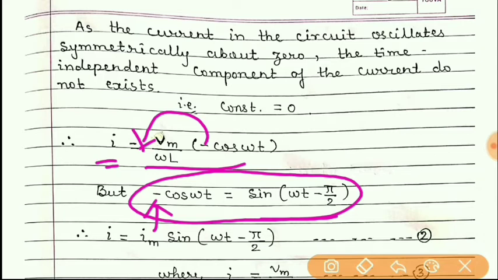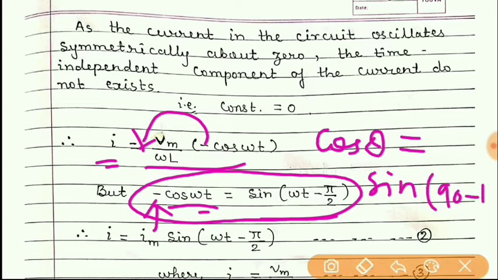According to the formula of trigonometry, actually cos omega t, we know that suppose if it is cos theta, remember students, then we can write this as sine 90 minus theta. So if we put minus cos theta, then these two terms will interchange.